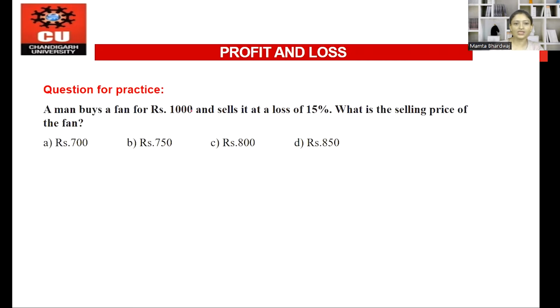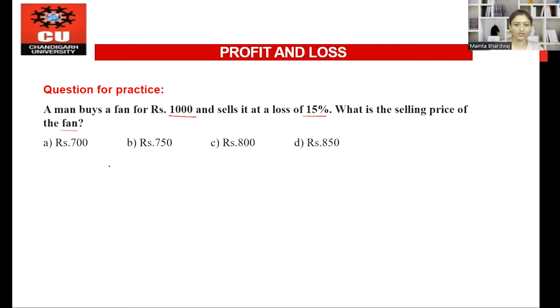A man buys a fan for rupees 1000 and sells it at a loss of 15%. So what is the selling price of the fan? You can use the formula which we have already discussed, or we can also solve the question by using the percentage method, or you can say the unitary approach, or the fraction method.